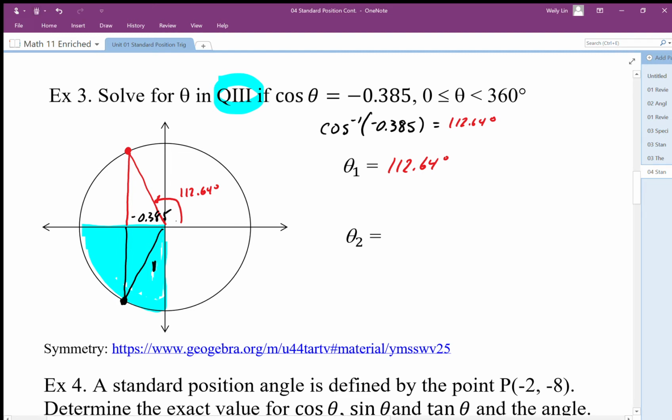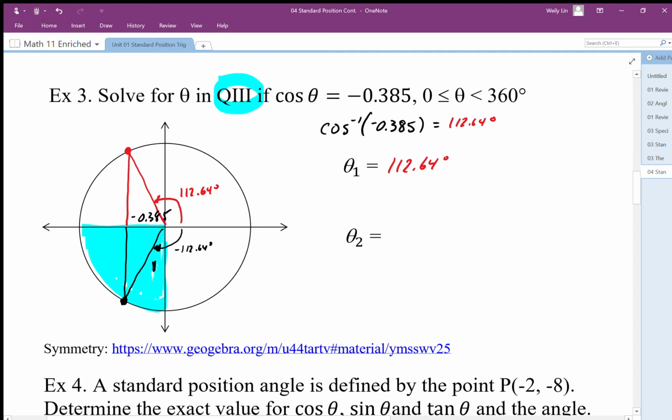Well, I know that I can go 112.64 this way. I know I can find a reference angle, maybe use a reference angle. But I also know that since it's folding along the x-axis here, it's symmetrical across that line. So if I go backwards, negative 112.64 degrees, I end up in the position that I want, in the black position.